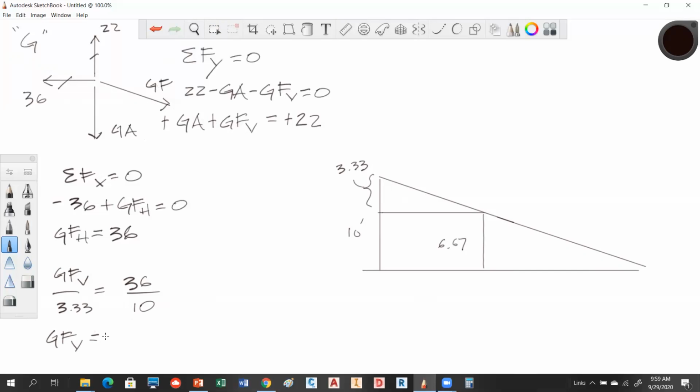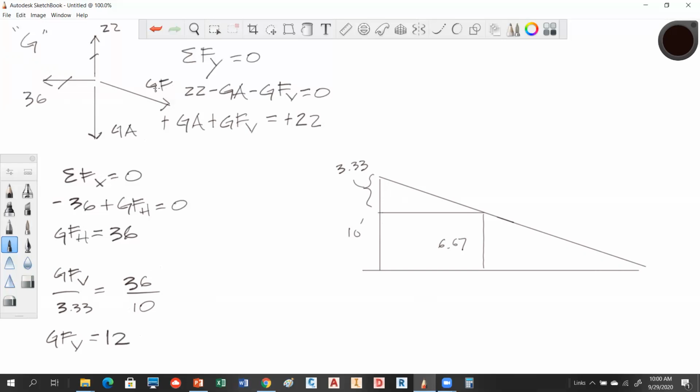Yeah, and that's the one thing, because we're going to have a little bit of rounding going on here, so don't expect everything to just work perfectly at the end. I mean, you might not come exactly to zeros. So it's 11.98, but we're just going to call this 12. We agree with that? Yeah.